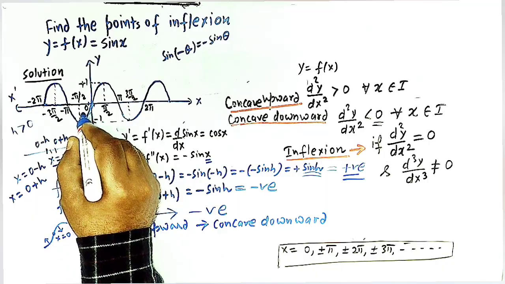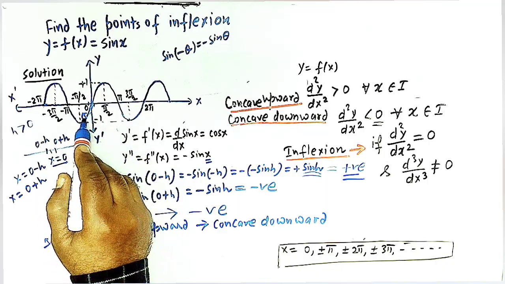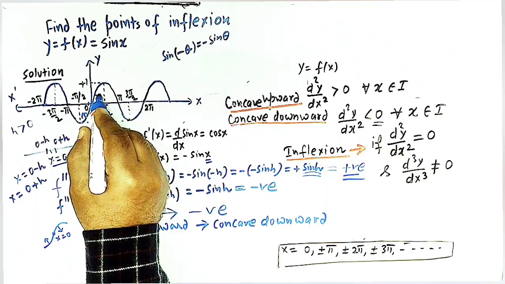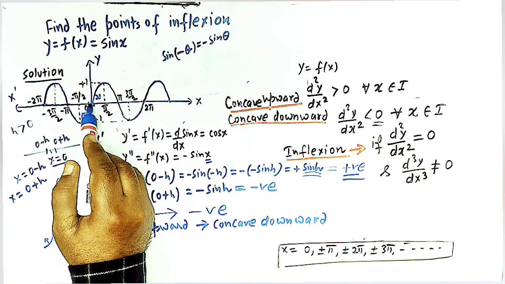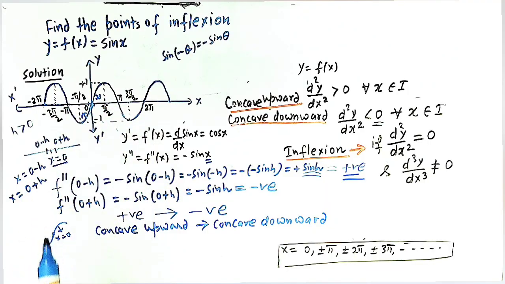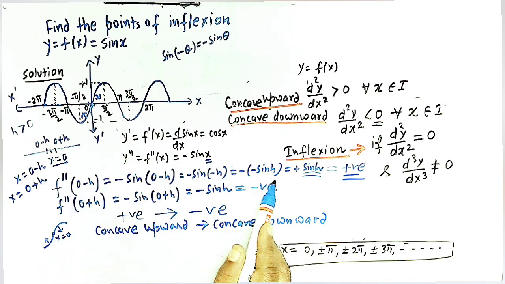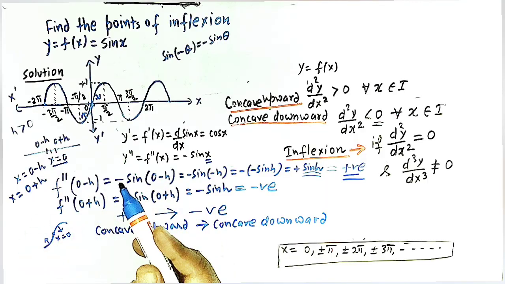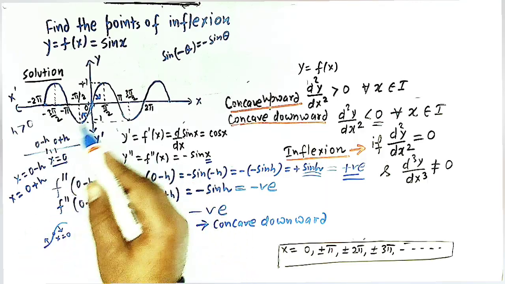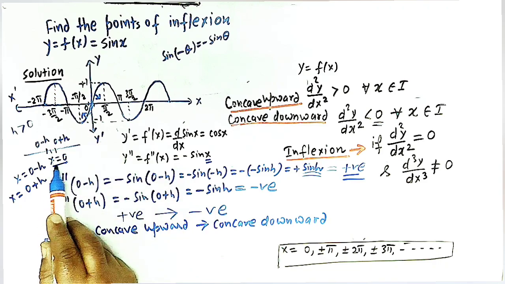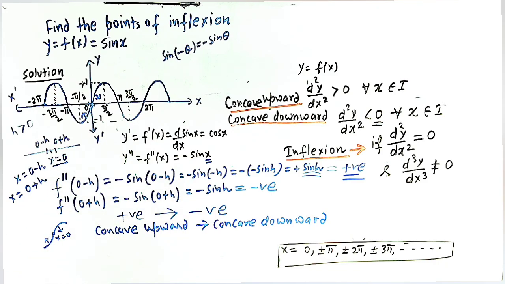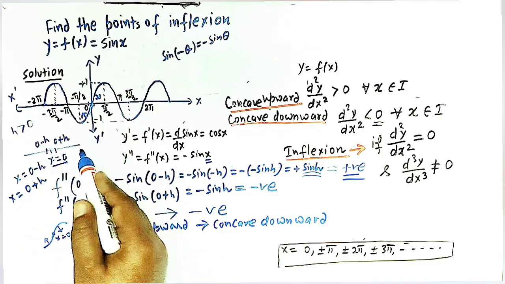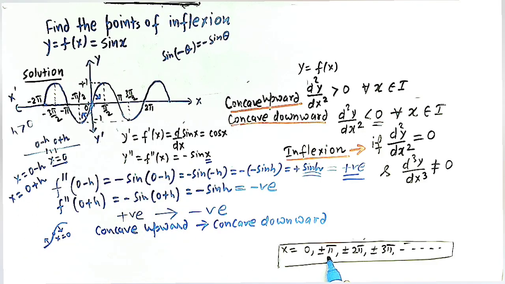So this is concave upward, and this is concave downward, right? And x is equal to 0 is the point of inflection, right? So this is how we can see, or we can prove, the change of the sign of the second derivative at this point of inflection, that is x is equal to 0. So we can adopt a similar method for other points also.